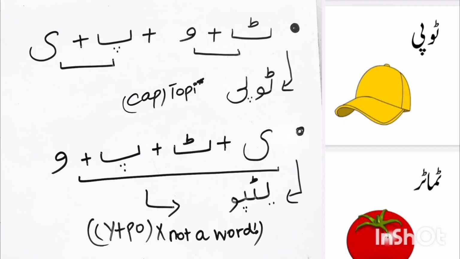I have shown you that choti ye comes in the beginning plus te plus pe plus wow, so choti ye is converted into ye, te, pe, wow. Yatpu. Topi is a word, but yatpu is not a word. I just want to give you the example.